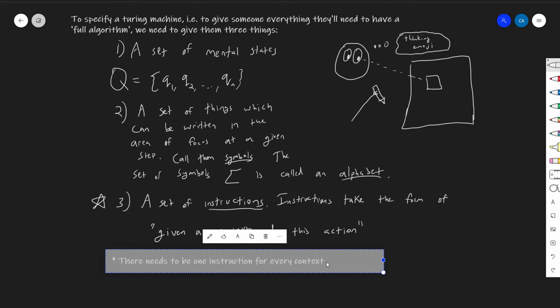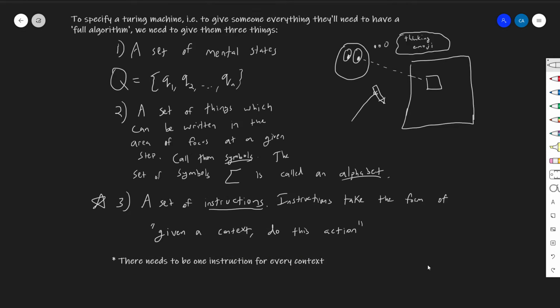Those are non-deterministic Turing machines. But for this system, there needs to be one instruction per context, meaning that if I didn't make the set of states and the set of symbols finite, then I wouldn't be able to give you a complete set of instructions in a finite string of text.